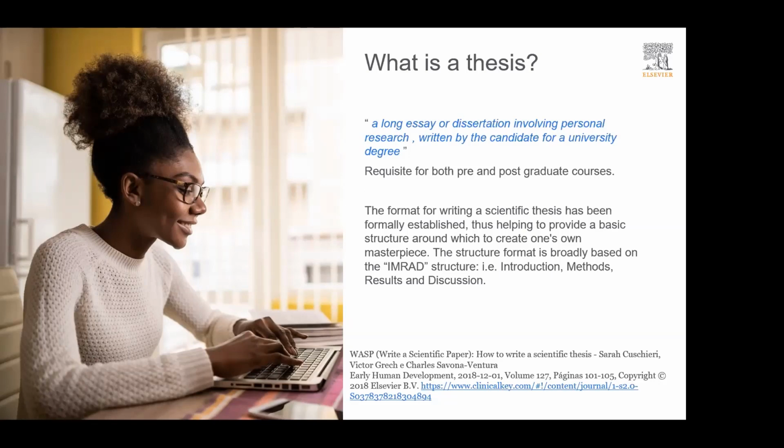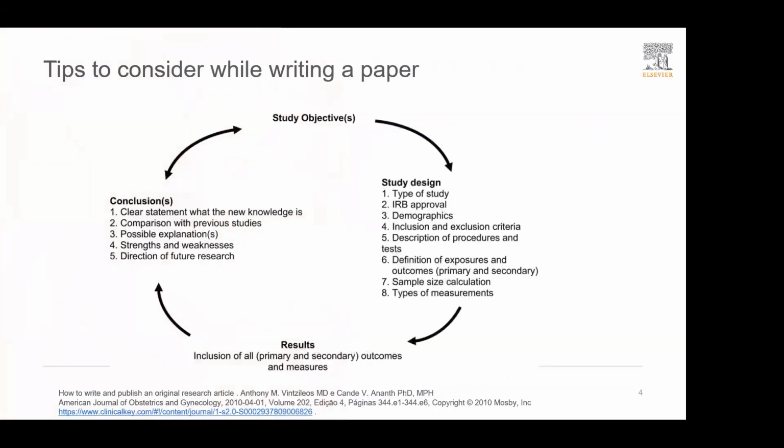I also have another document that can help, How to Write and Publish an Original Research Article, which we also have in ClinicalKey, with tips to consider while writing a paper. To have some study design, some conclusions with objectives, of course, and include these primary and secondary outcomes and measure all this information.